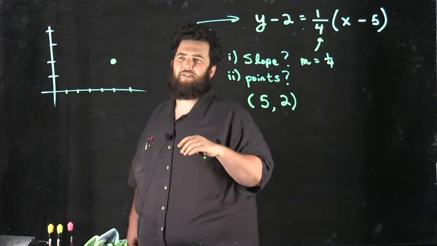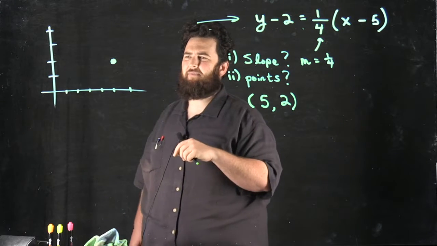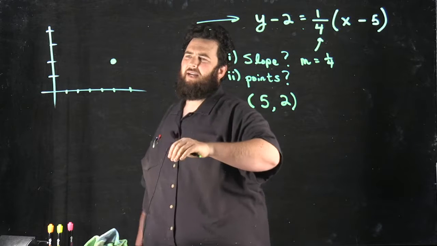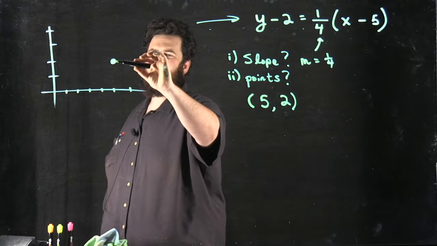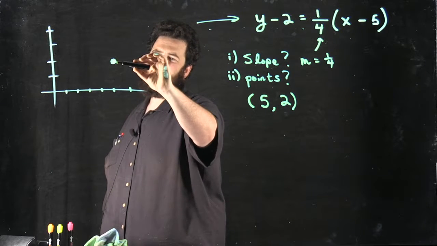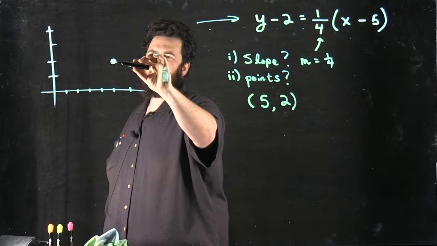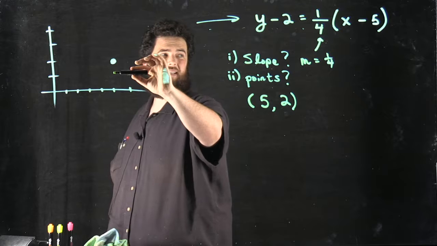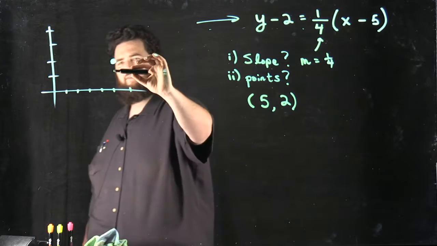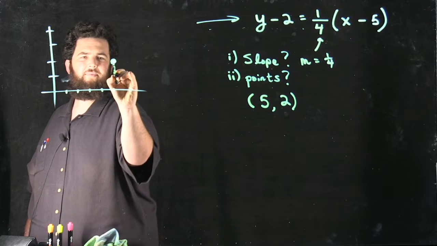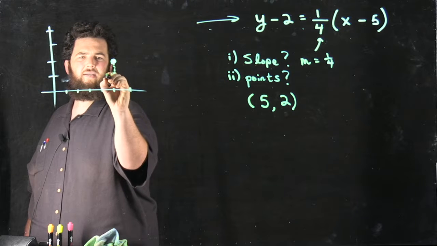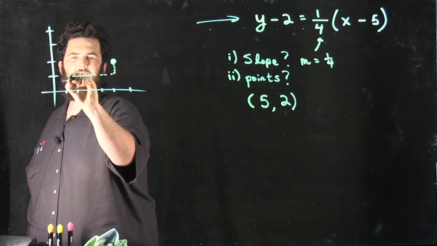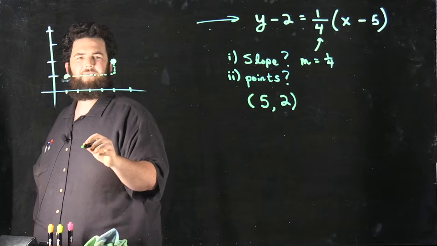So if I want to just show what this line is graphically, I could take this point and add another point that happens to be 1 unit down and 4 units over. 1 unit down and 1, 2, 3, 4 units over.